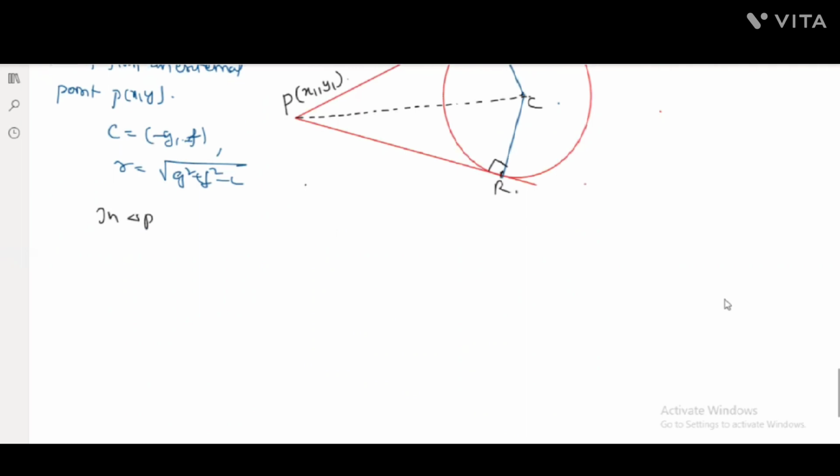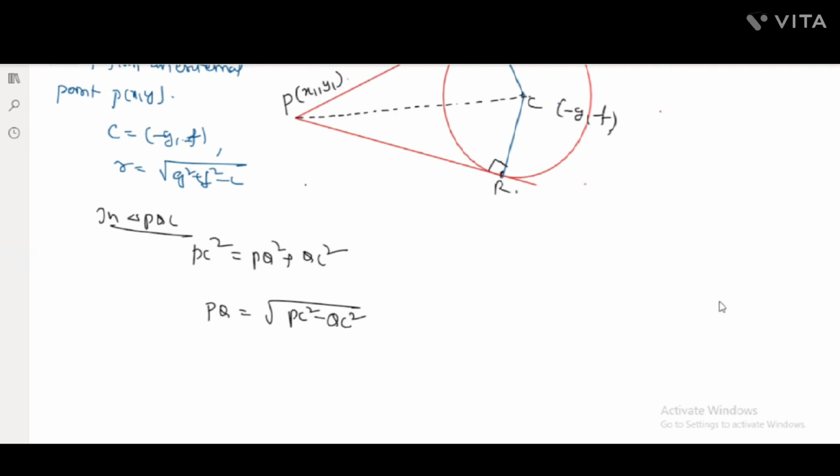So in triangle PQC, we can write PC square is equal to PQ square plus QC square. So PC is the distance between P and the center of the circle. So here we need the length of the tangent PQ. So PQ will be root over PC square minus QC square.